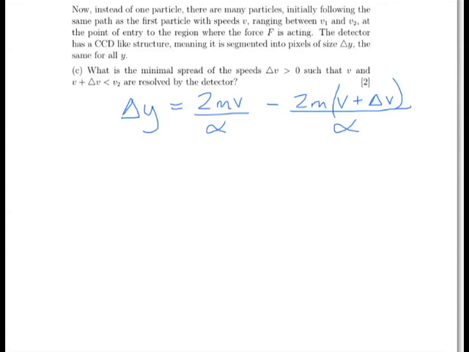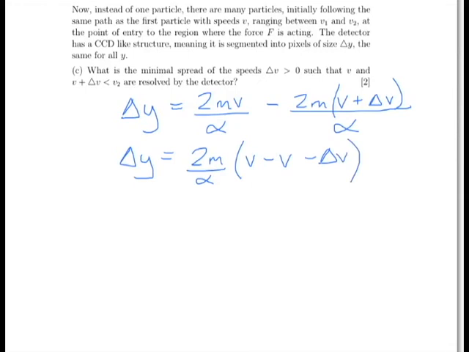So delta y is going to be equal to 2m over alpha multiplied by v, take away v, take away delta v.